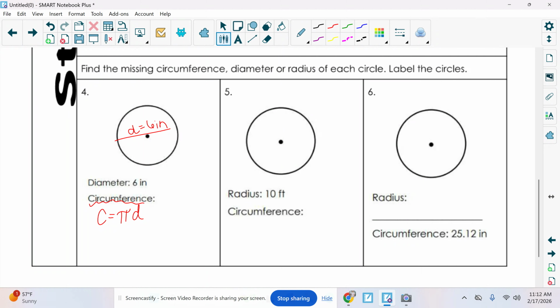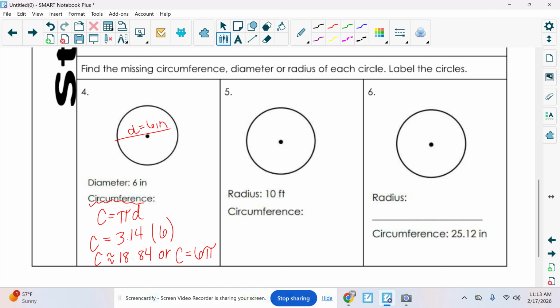In your homework tonight, you have to plug in the formula. Then you replace what you have. You don't have the circumference. What do we use for pi? 3.14. What's the diameter? 6. So what's 3.14 times 6? 18.84. Or if we left it in terms of pi, it would be C equals 6 pi. Either one of those.